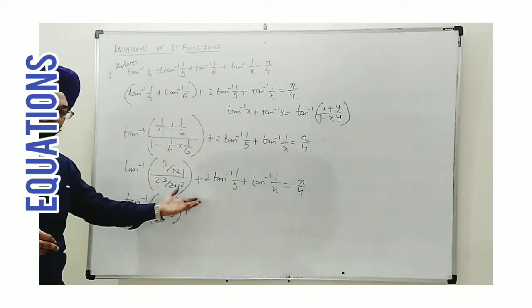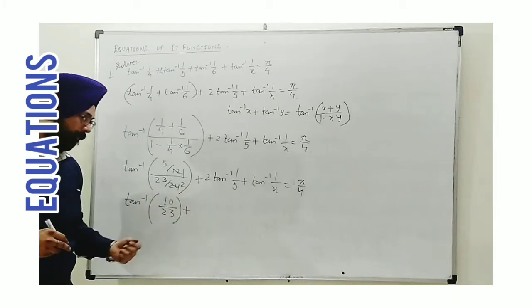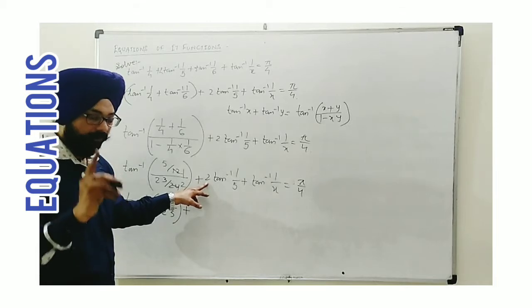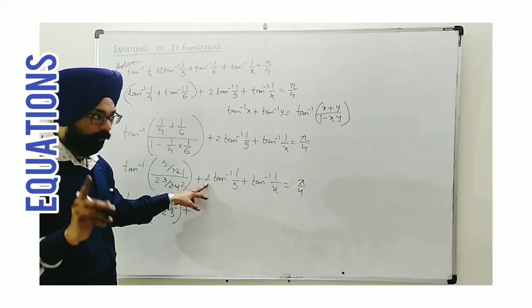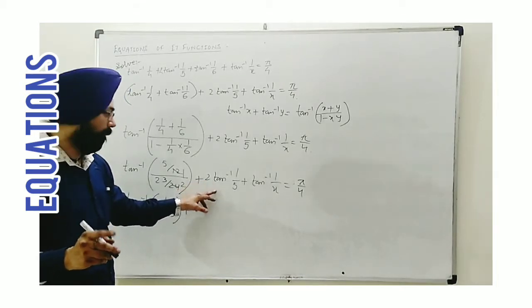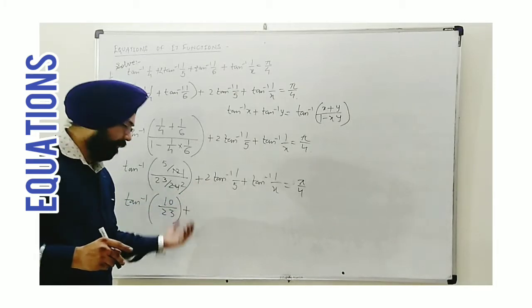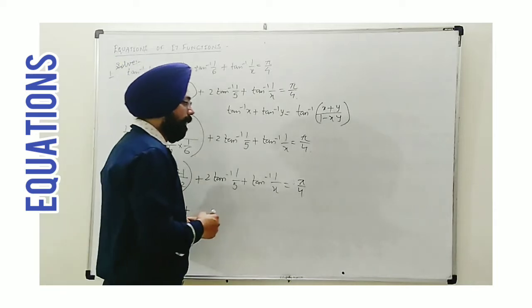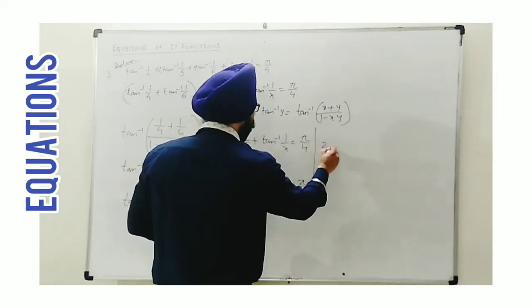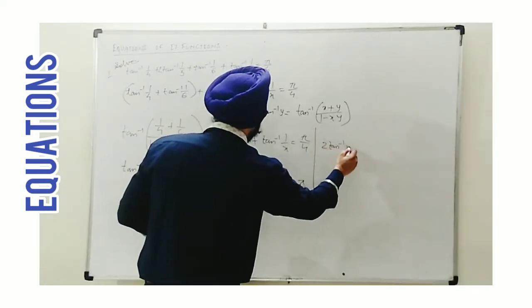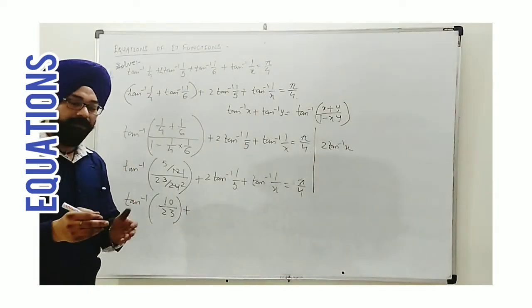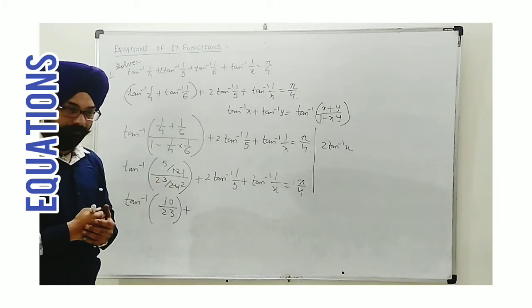And the same thing we are going to do ahead. The problem, this tan inverse 1 upon 5 is given with its twice. When I explained the basics of the chapter, I told you whenever twice or thrice of function are given, they are never taken directly. We need to apply identity for this also. And the identity applicable for twice, 2 tan inverse x. Now 2 tan inverse x could be converted in sine inverse, cos inverse and tan inverse, all three forms.